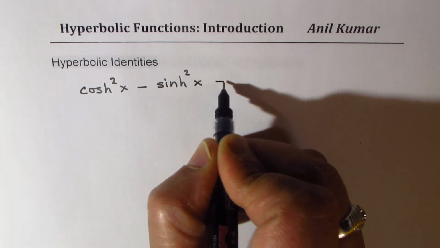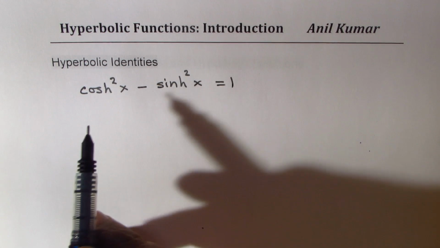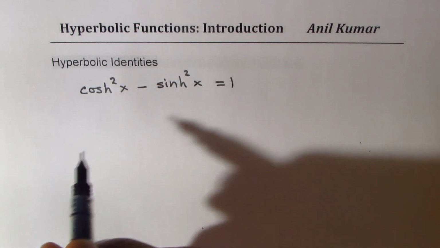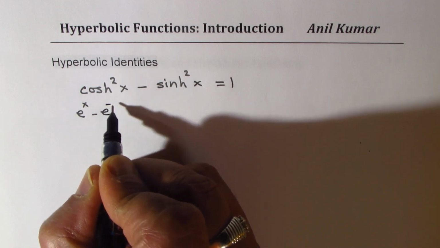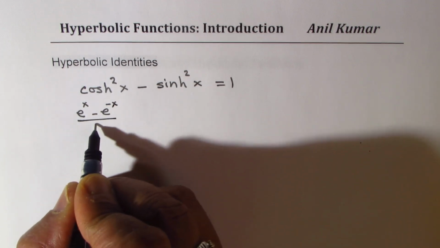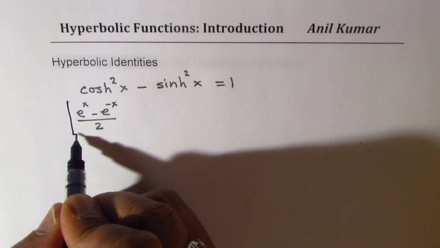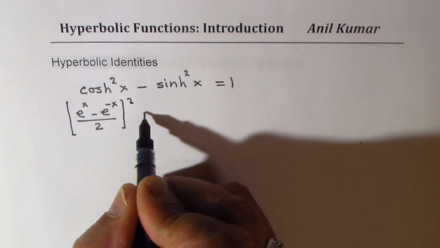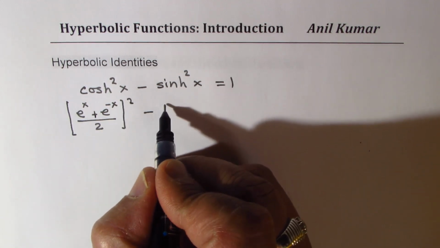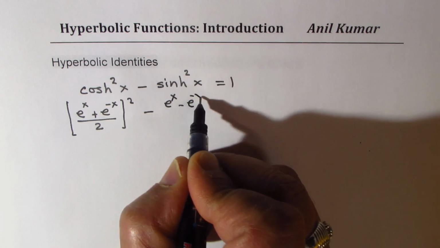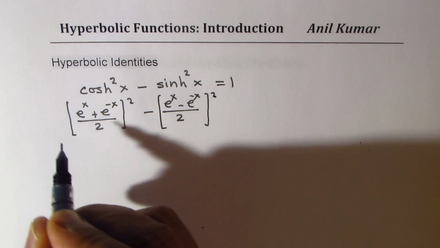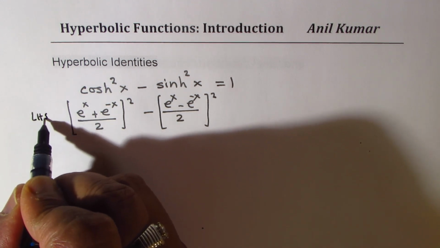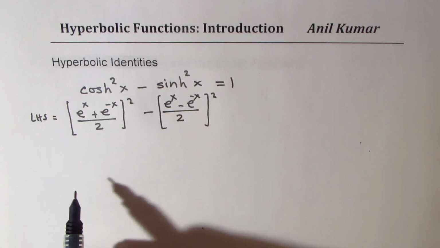Now cos hyperbolic x is e to the power of x plus e to the power of minus x over 2, so we'll square this, right? This is positive, sorry. And sine hyperbolic x is e to the power of x minus e to the power of minus x over 2. We'll square this also. So that is our left hand side. So let's begin with the left hand side.